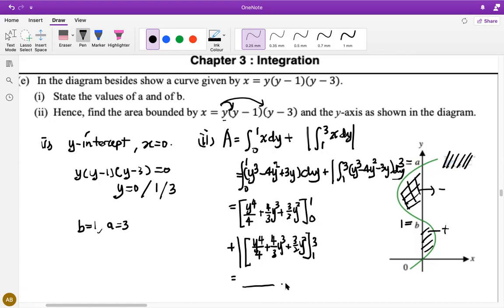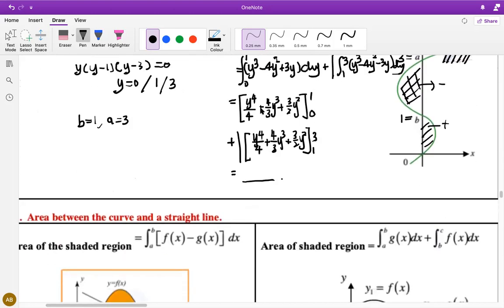So you should get your answer later on. All right, so after you integrate, you need to substitute the value in, then you get your marks here, right? So meaning that here 1 mark, here 1 mark, this one 1 mark, the answer 1 mark. Okay, so that's how you get marks.